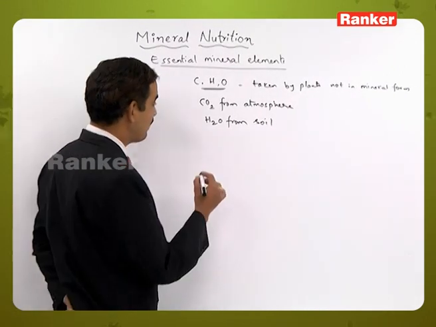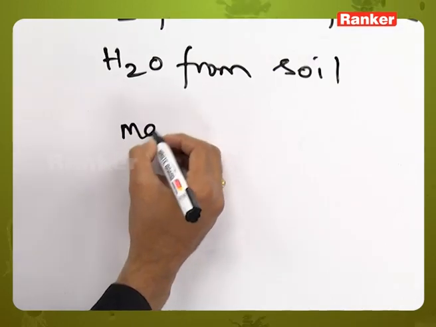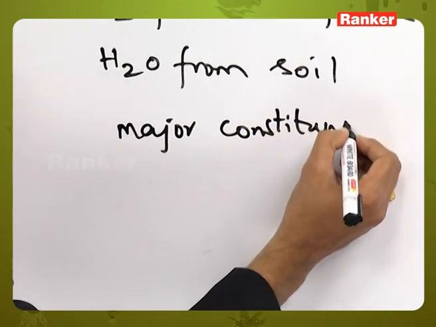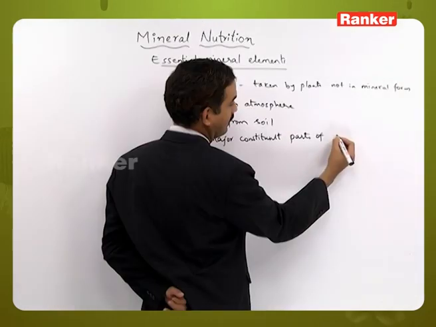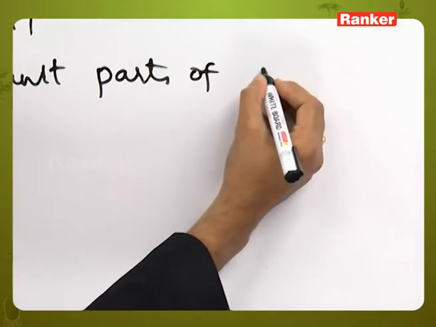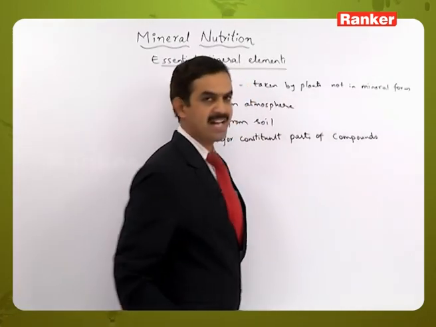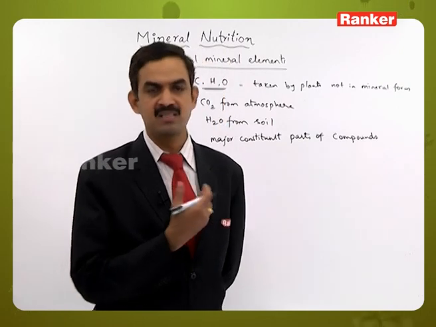So these are taken in compound form from the atmosphere or from the soil by the plants. And one more thing is, these three are the major constituents of the organic compounds present inside the plant body. The major framework of the plant body is formed by these three elements.